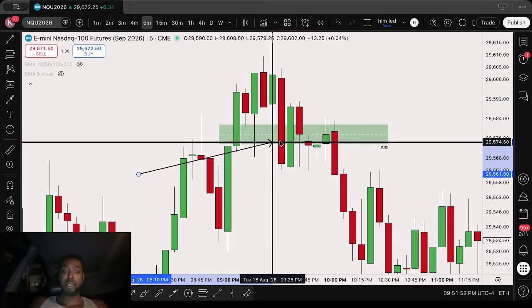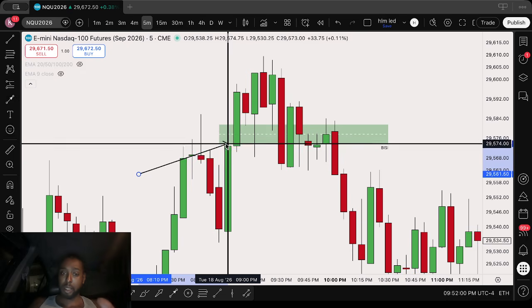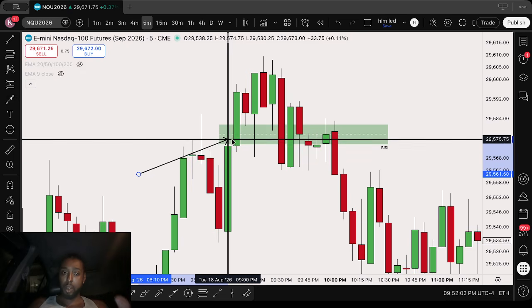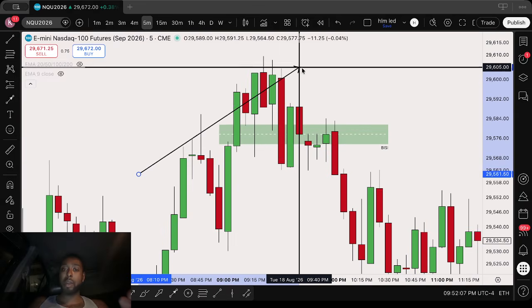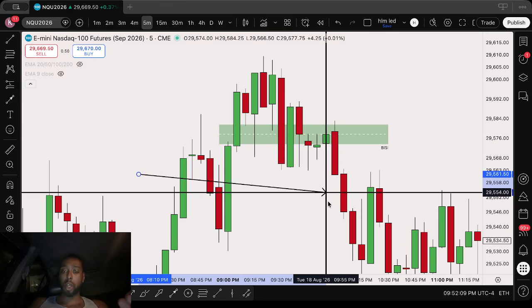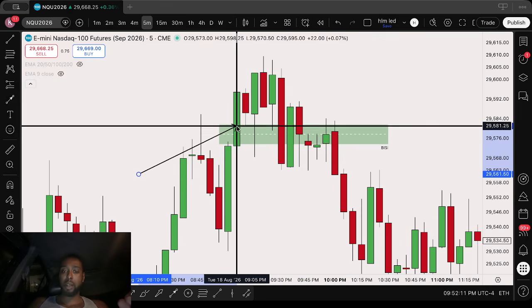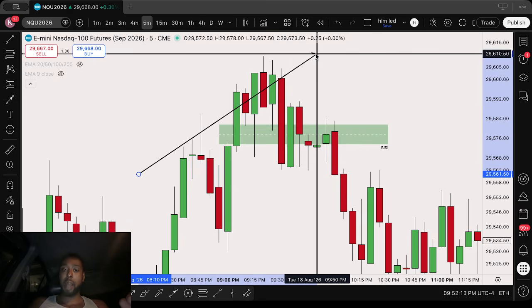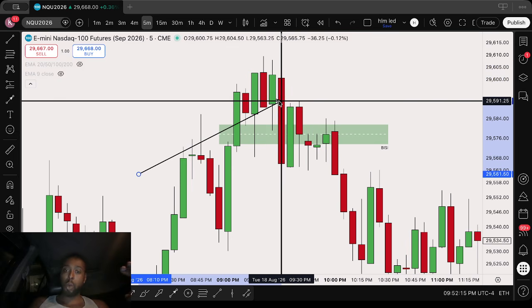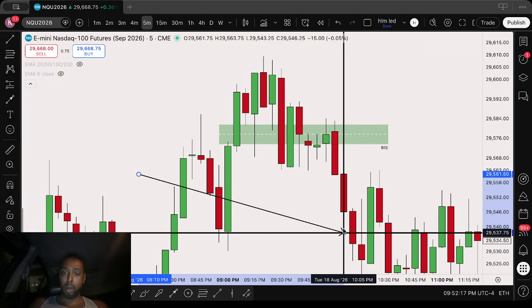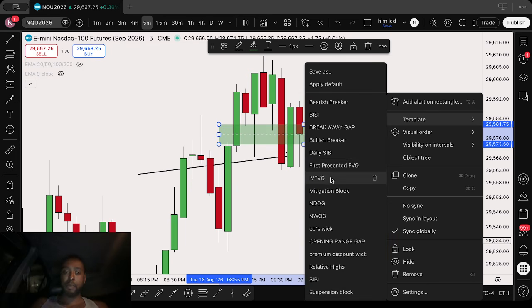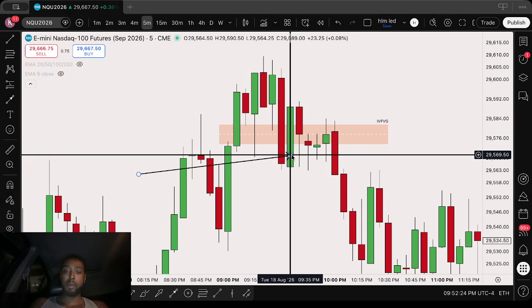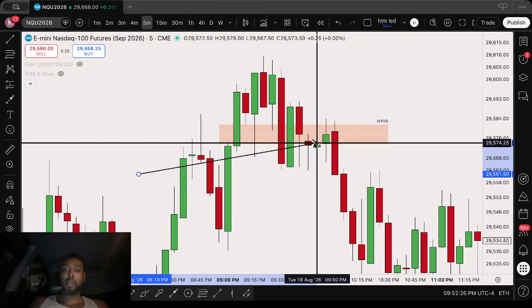Nothing changes, you want to see this same fair value gap, but instead of using it to go higher, which is the correct way, you want to use it to go lower. And that is what makes it an inverse fair value gap. This is a bullish fair value gap that got created to make an inverse.